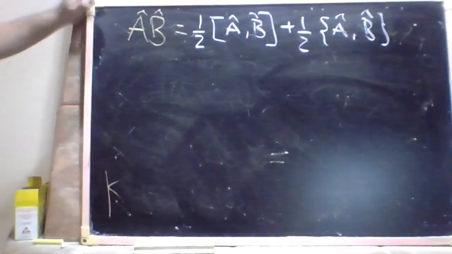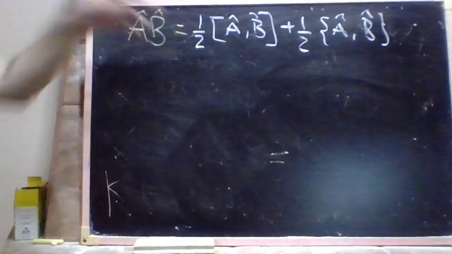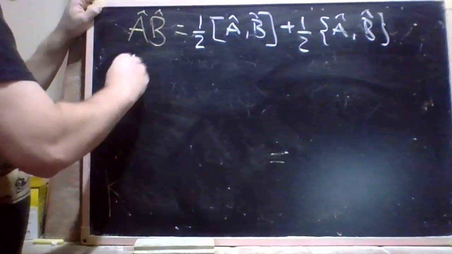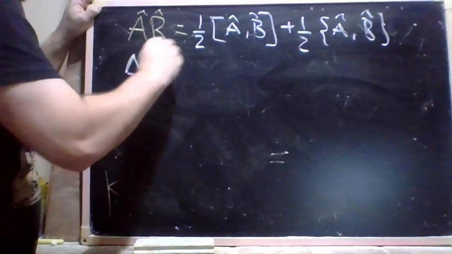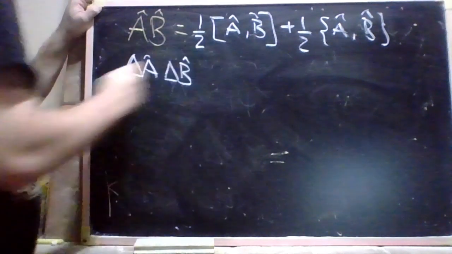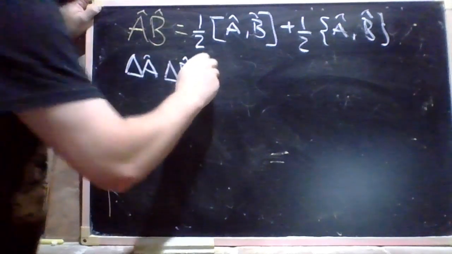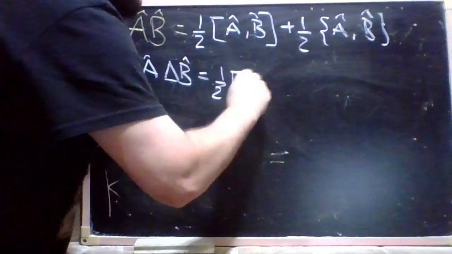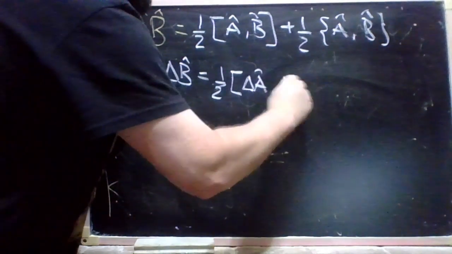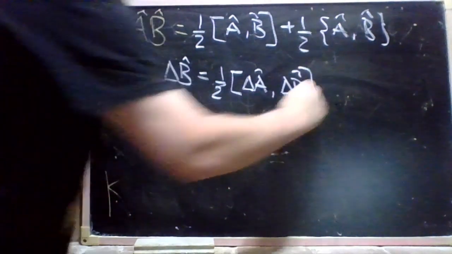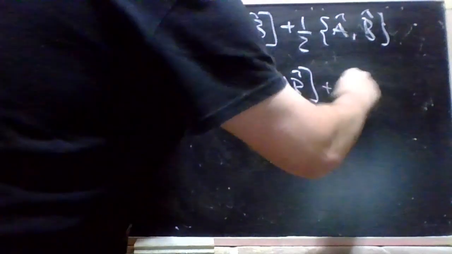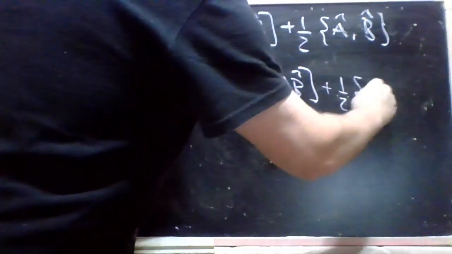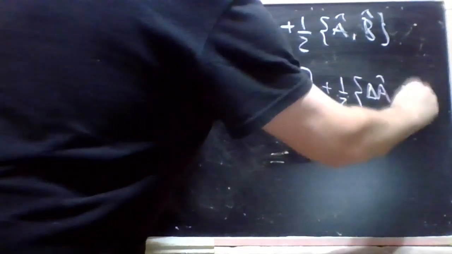It's always true to write. And also for delta A, delta B, they are two matrices. It's half delta A, delta B commutator, plus half delta A, delta B anti-commutator.